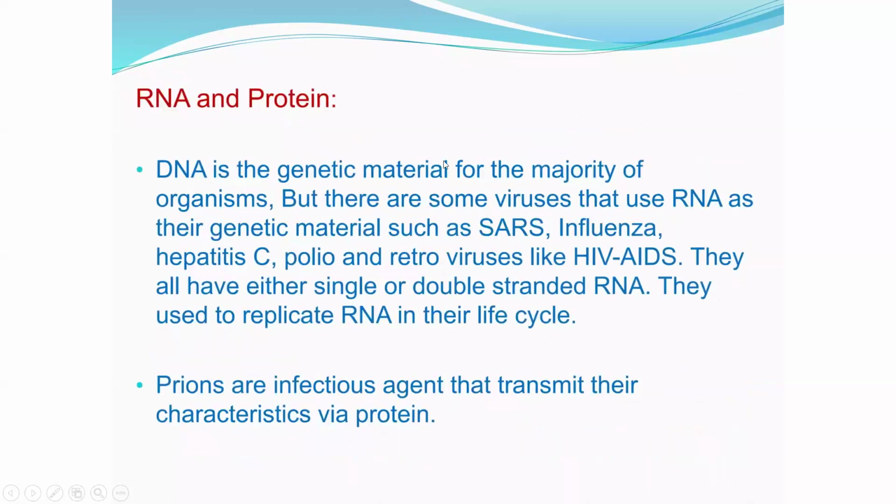So, RNA and protein. DNA is the genetic material for the majority of organisms, but there are some viruses that use RNA as their genetic material, such as SARS, influenza, hepatitis C, polio, and retroviruses like HIV/AIDS. They all have either single or double-stranded RNA, and they replicate RNA in their life cycle.